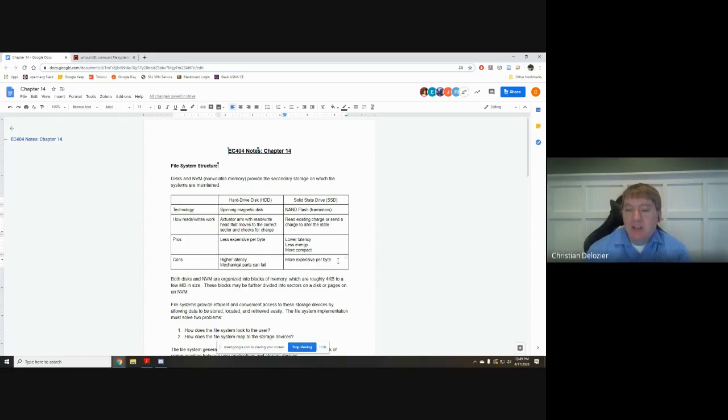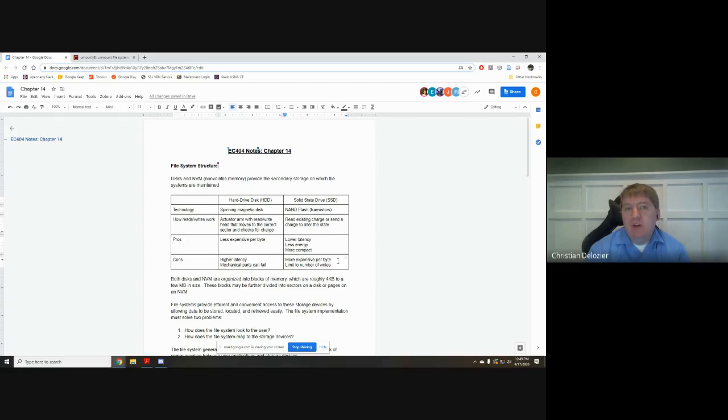And then the final disadvantage to SSDs that we touched on a little bit here, but not in depth, is that there is a limit to the number of writes that can be performed in an SSD.